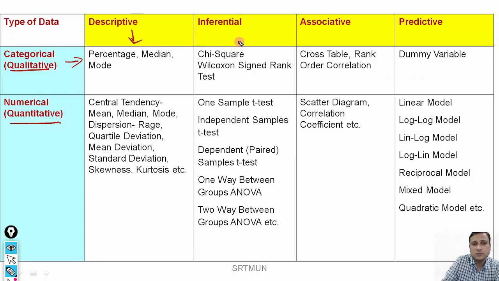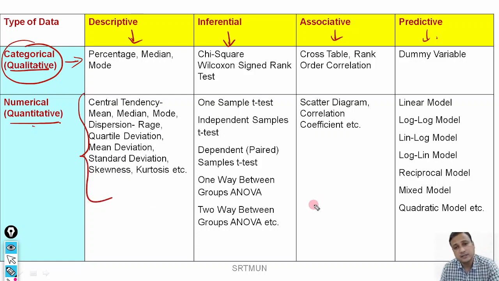You go to descriptive, you go to inferential or associative or predictive, you will find that categorical or qualitative data, we are having some limitations to apply statistics. But if you come to the quantitative or the numerical type of variable or data, there are plenty of statistical techniques which we can use on this data, and we can get very meaningful results out of it.